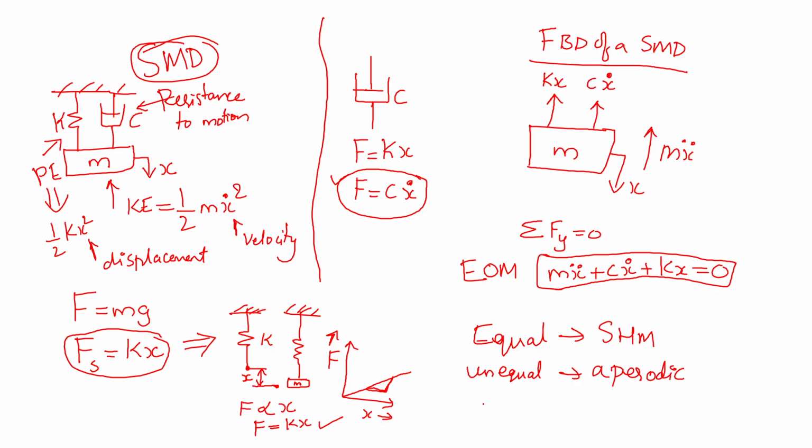If the motion repeats after a certain interval of time, it is called vibration. So basically, three definitions are there. One is SHM, the motion which repeats itself after equal interval of time, then unequal interval of time. The motion which is repeating after a certain interval of time is called vibration.